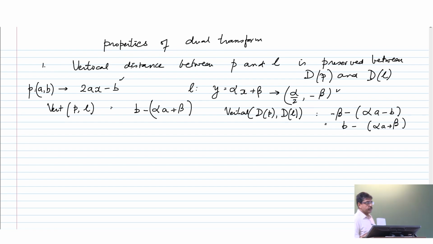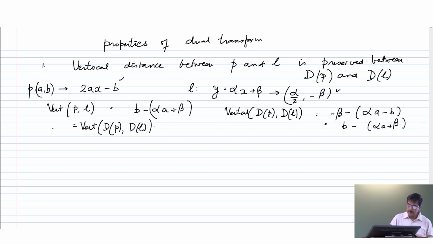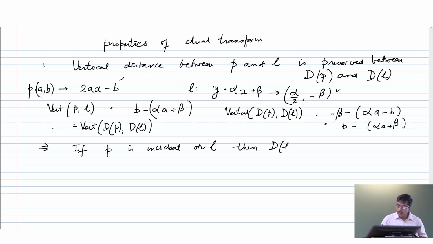Okay. And one consequence of that is the incidence property. So that is basically equal to the vertical distance between d of P and d of L. This implies that if P is incident on L, then d of L is incident on d of P. So, the incidence property is maintained because the vertical distance becomes 0, right.